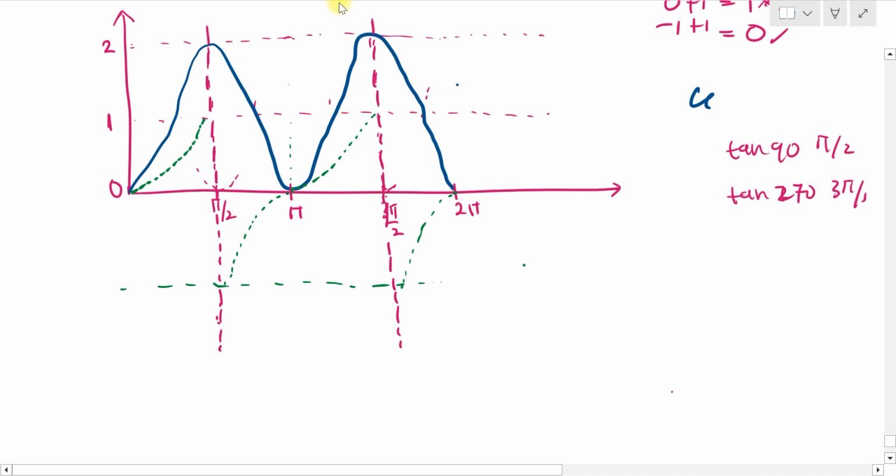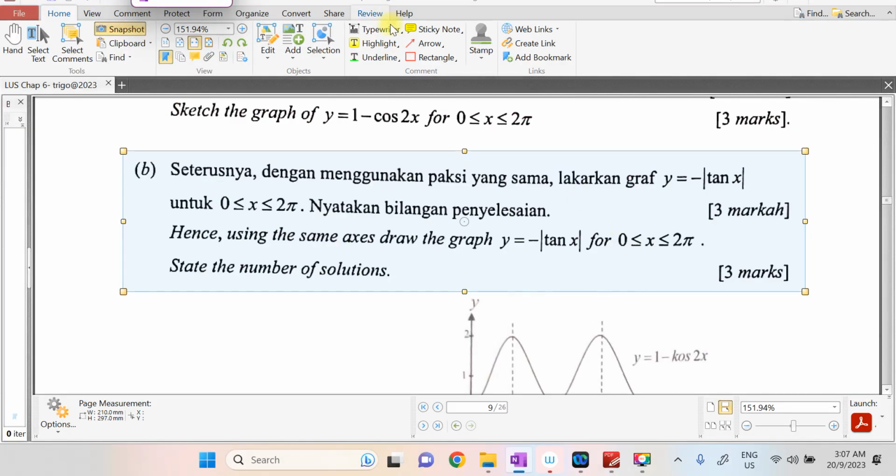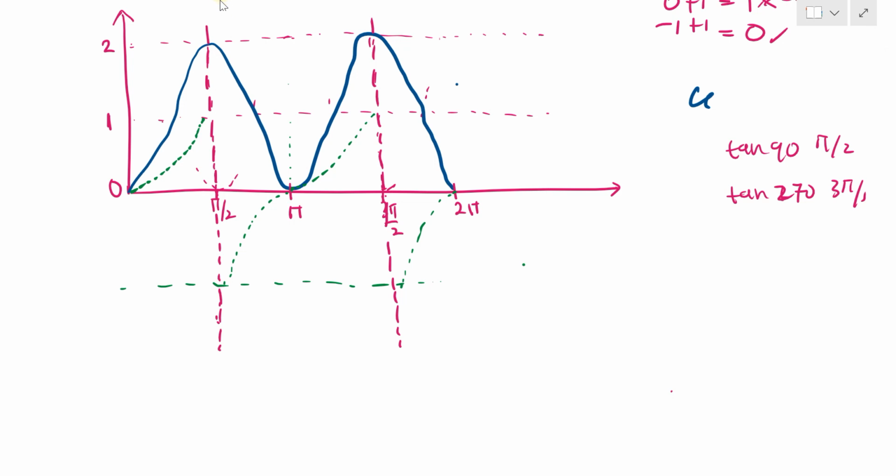But remember, this is a negative modulus. So which do we do first? Modulus first. If we do the modulus, you cannot have any negative side, so you erase. I hate this Microsoft OneNote. I want to show you, it doesn't want to let me.